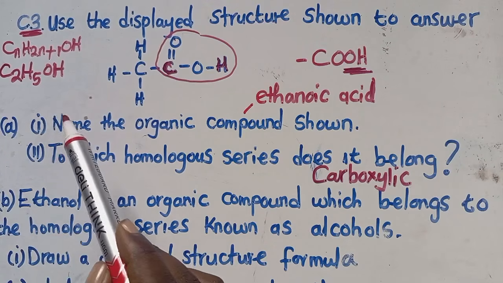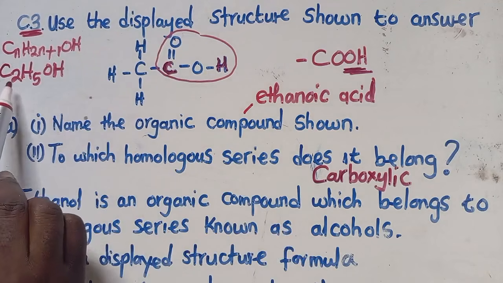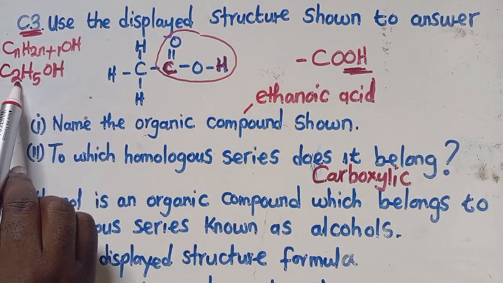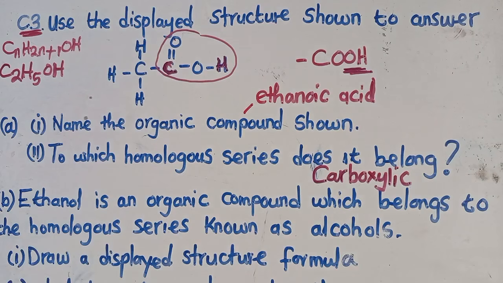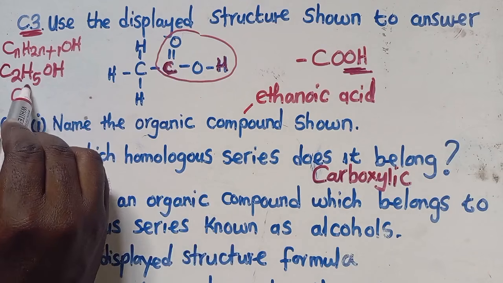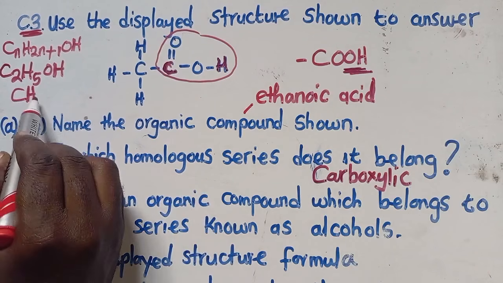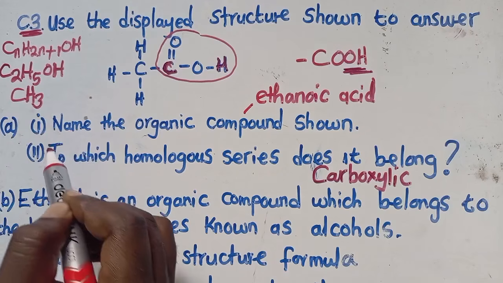Now it changes to what? Ethanoic acid. Ethanoic acid meaning the carbons would drop by 1, hydrogens by 2, so that they get to form a functional group there. So carbon 1 is CH3, because the hydrogens are dropping by 2, have you seen?